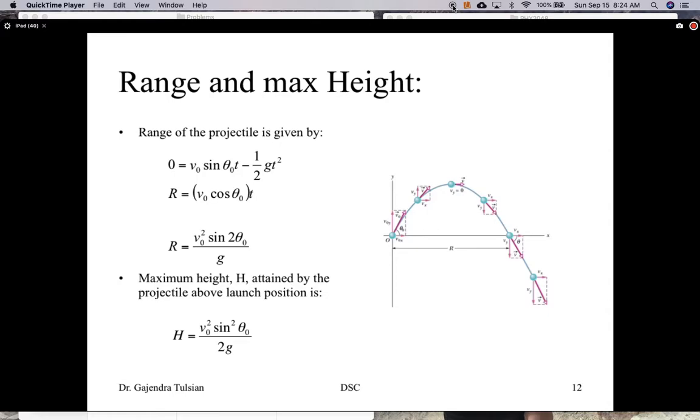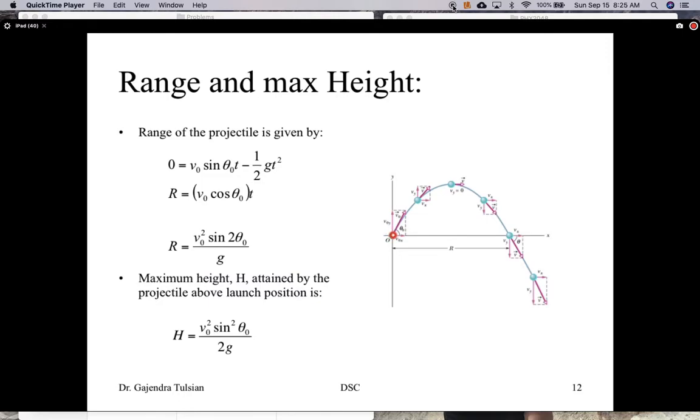Now, when you throw a projectile, you are often interested in the range of the projectile. The range is the horizontal distance it travels when it has come back to the same vertical location. So if you throw an object from ground level, it hits the ground again.